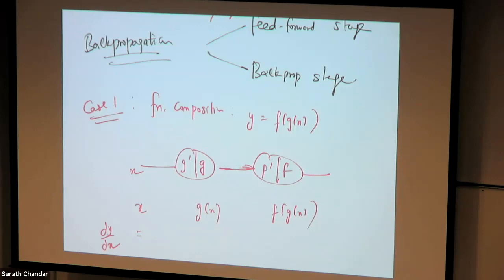Y is a function of f, which is a function of g, which is a function of x. So what would be the answer? Yes, it's df by dg multiplied by dg by dx. So it's basically f dash.